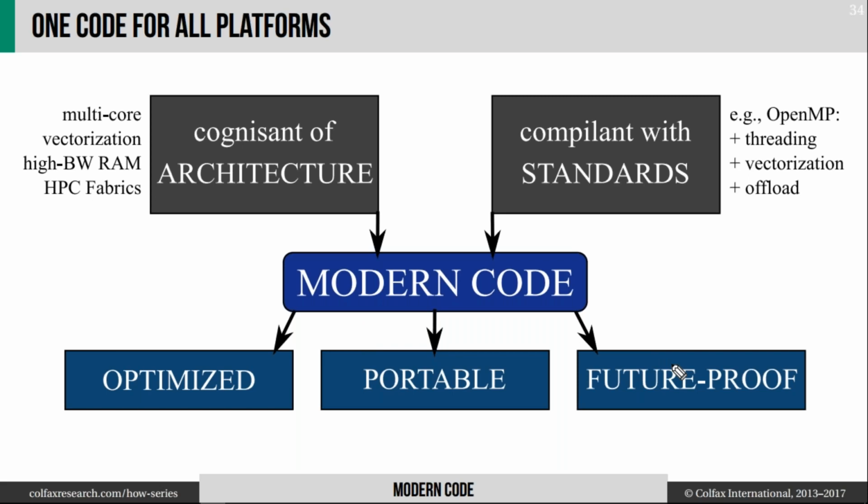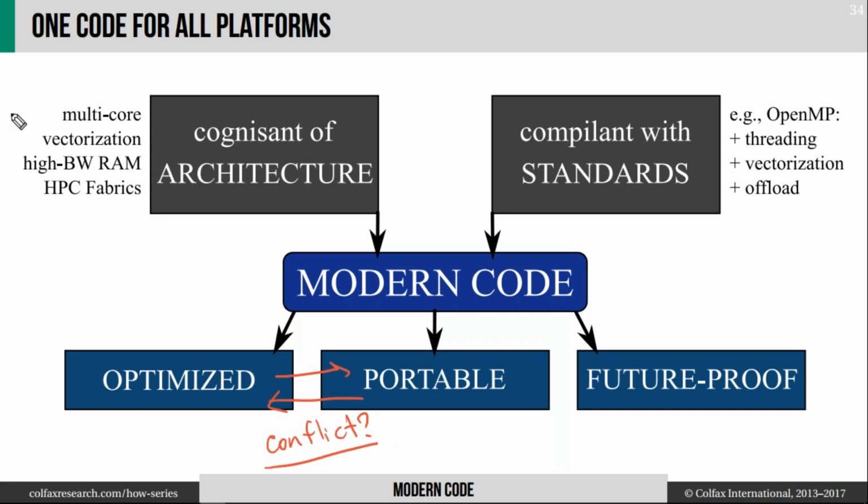If you've done any computationally intensive programming, you will know that optimized and portable are often in conflict with each other. So how do you find middle ground? How do you make your application both portable and highly optimized?